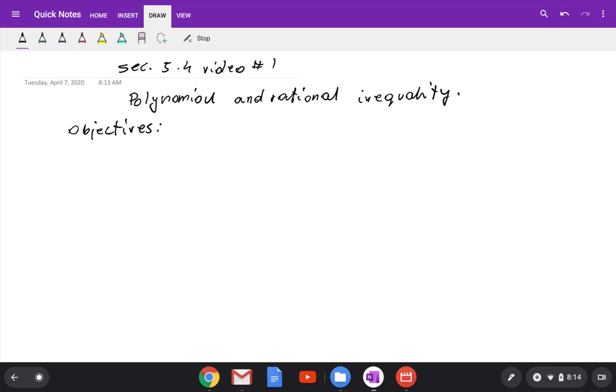First one is going to be solve polynomial inequality, and the second objective is solve rational inequality.